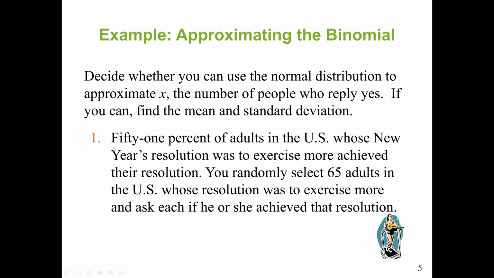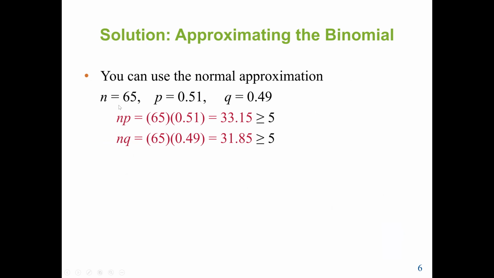Now it's 51%, so we can get our P, and we have 65 adults, so we can get N. Here N equals 65, P is 51%, which is 0.51, and Q is 1 minus 0.51, which gives us 0.49. NP is 65 times 0.51, which gives us 33.15, so it's greater than 5.